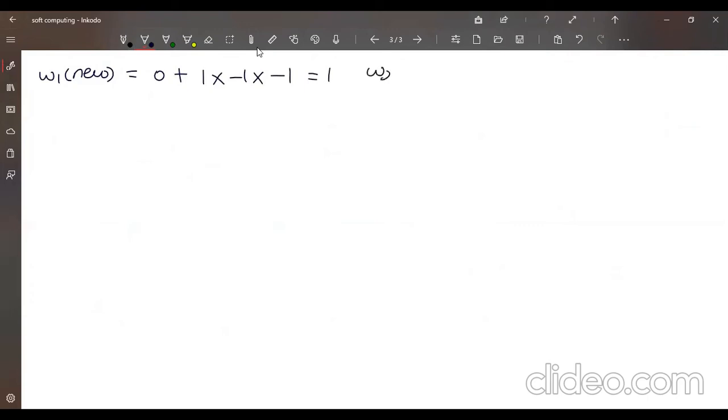And similarly, W2 new is equal to old weight 2 plus alpha 1 into target value minus 1 into x2, which is 1. So 2 minus 1, 1.